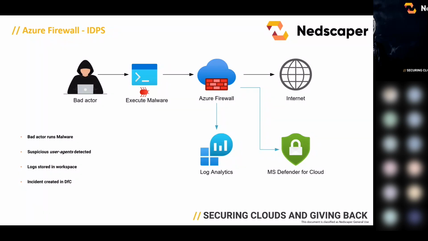Microsoft is provisioning between 30 and 50 signatures per day and updating firewalls in the background, and will also push those to your Azure Firewall instances. So if a malware execution takes place and Microsoft recognizes that IDPS header or a bad agent or anything of that kind, it will at least create an alert, and if you configure it correctly, it will also block it.